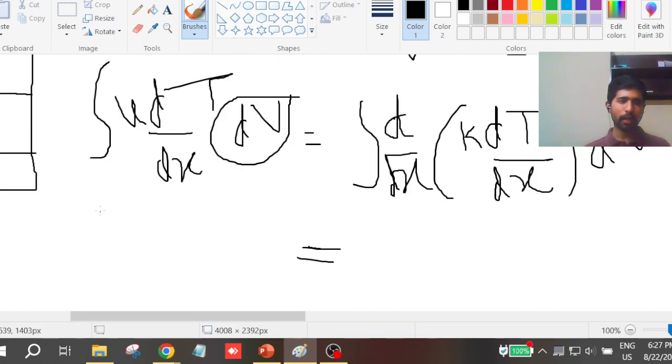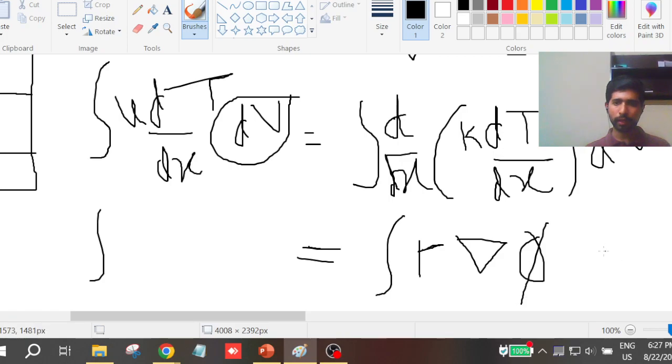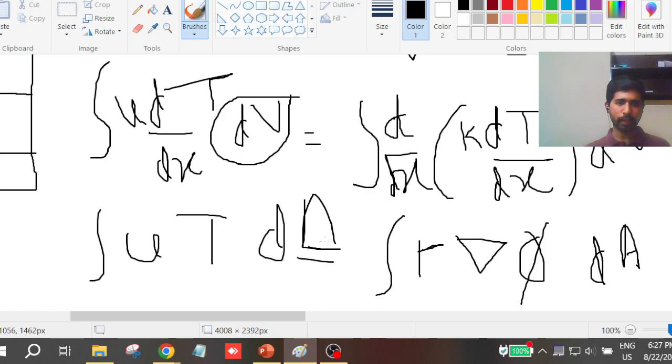And then I think it was written like this. So this k was assumed as a diffusion constant, and then you have the gradient of phi dot dA. Here also you had u into T dot dA. Now I don't remember, u was u only, and T was written as phi.